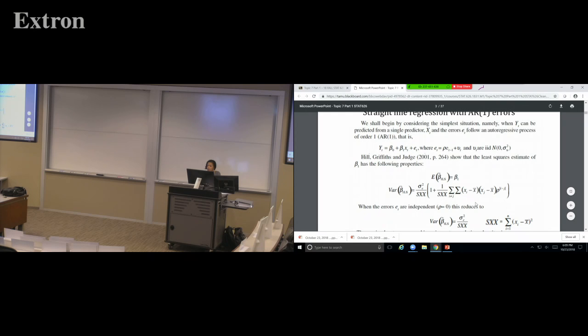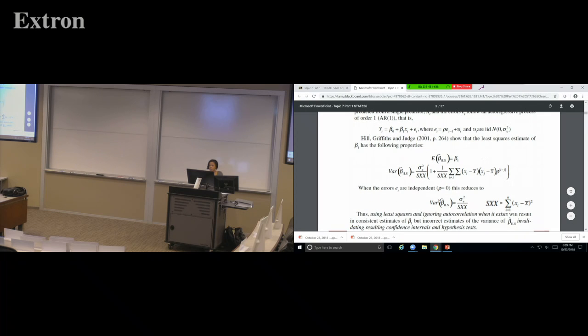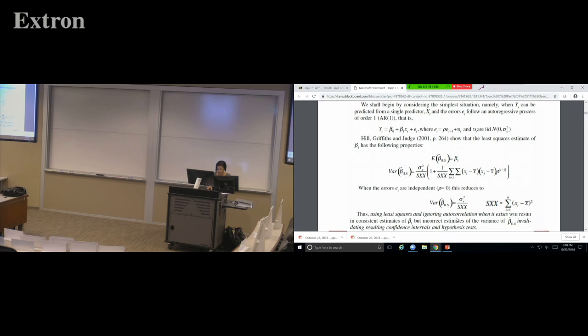When rho is equal to 0, meaning there's no correlation, this simplifies to the variance of beta 1 being sigma squared divided by the sum of squares xx. So using least squares and ignoring autocorrelation when it exists will result in consistent estimates of beta 1, but incorrect estimates of the variance of beta hat 1, invalidating our confidence intervals and hypothesis tests.